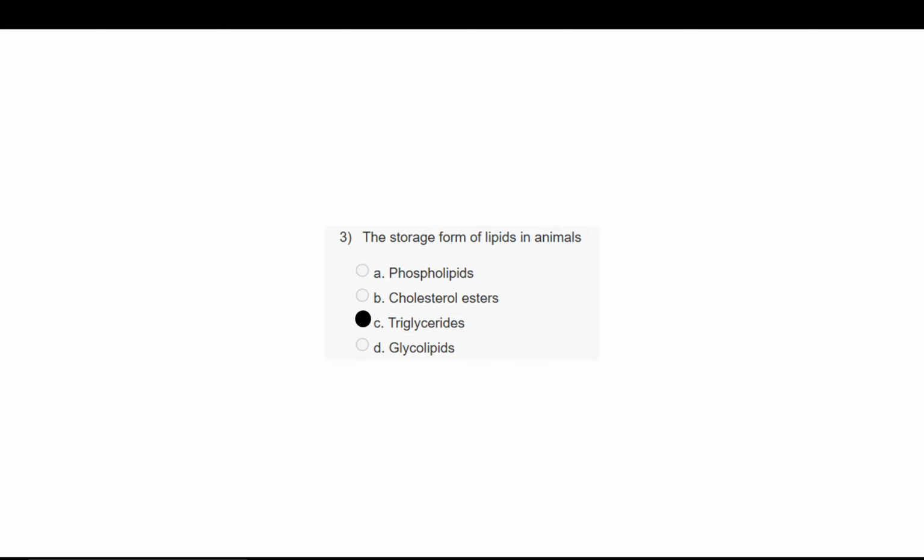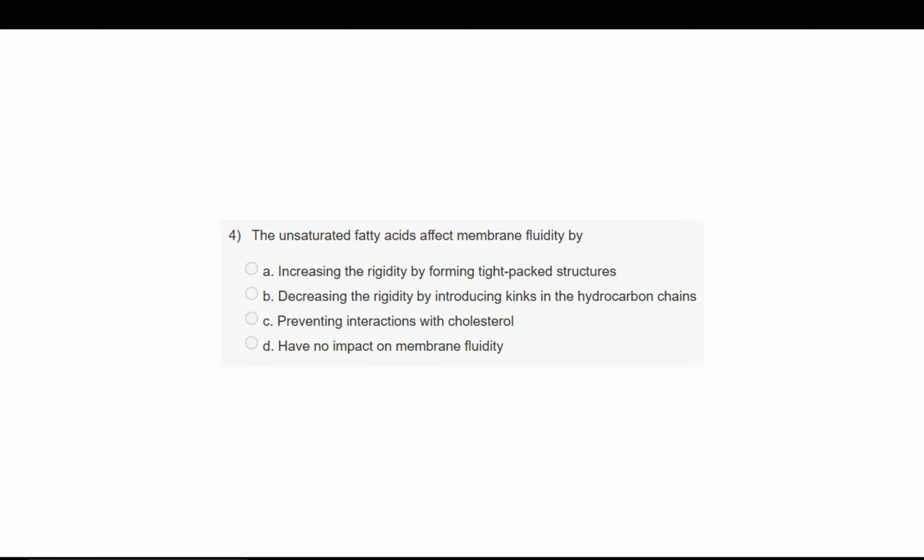The unsaturated fatty acids affect membrane fluidity by increasing the rigidity by forming tight pack structure, decreasing the rigidity by introducing kinks in the hydrocarbon chains, preventing interaction with cholesterol, have no impact on membrane fluidity. The answer is B, decreasing the rigidity by introducing kinks in the hydrocarbon chain.